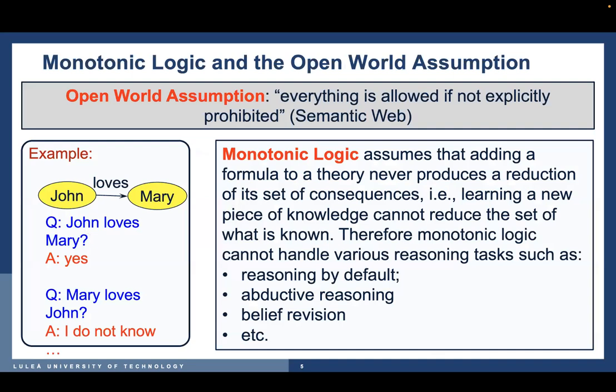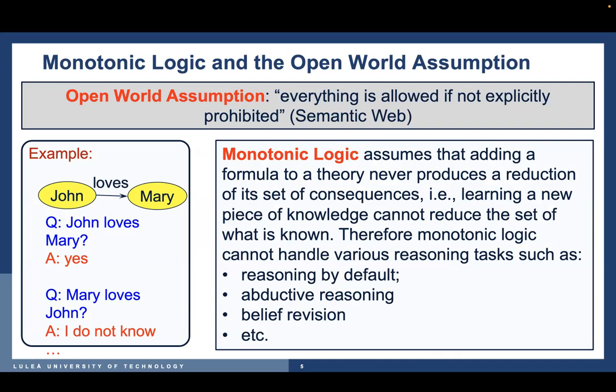The second type is about the assumption of open world. Basically, under this assumption, everything is allowed if not explicitly prohibited. And that's the principle behind the semantic web that we will be talking about in the second part.